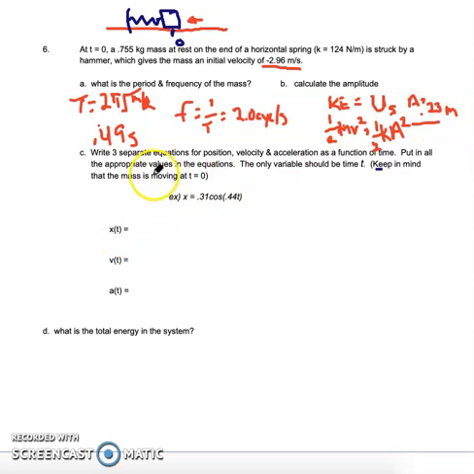All right, now we want to come up with equations for position, velocity, and acceleration as a function of time. And before we can jump right into that, let me remind you of a few things. In your reference tables, the generic equation for position as a function of time is essentially a cosine, with omega t or t over the period, but this is the generic.